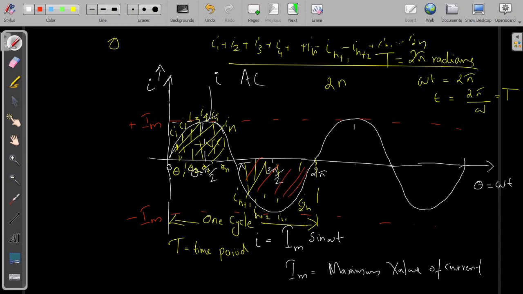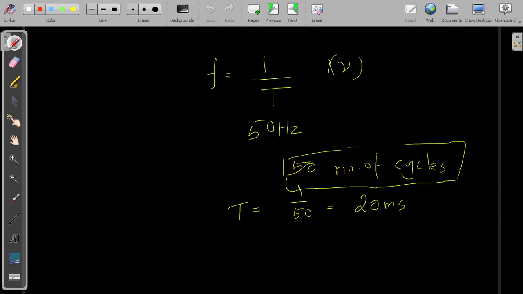If you algebraically sum these two areas over one full cycle, positive area minus negative area, divided by the cycle length, which is nothing but 2 pi, this will be your average value. So again you will get 0.